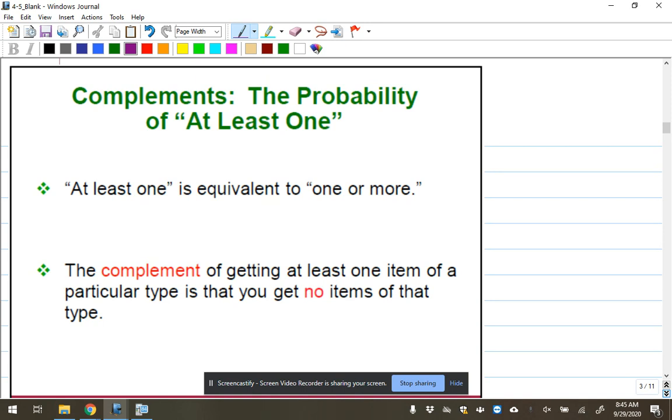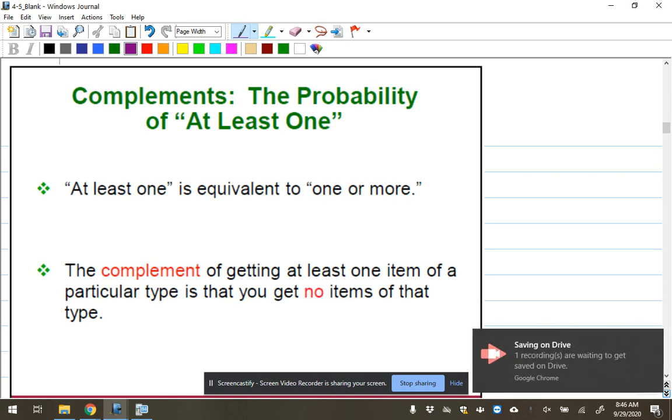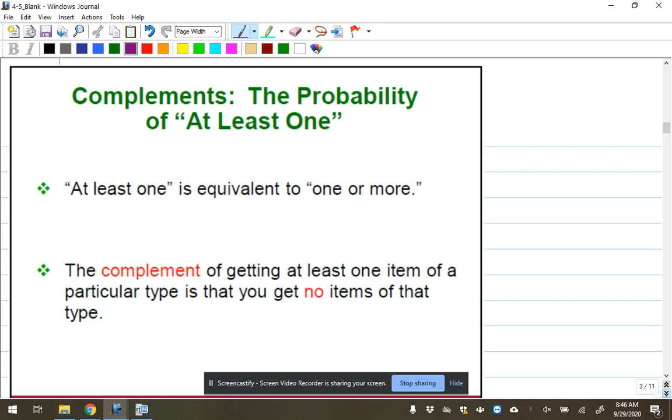Okay, and what do we remember about the probabilities of an event? All the probabilities of all the events should add up to be what? 100%, right?